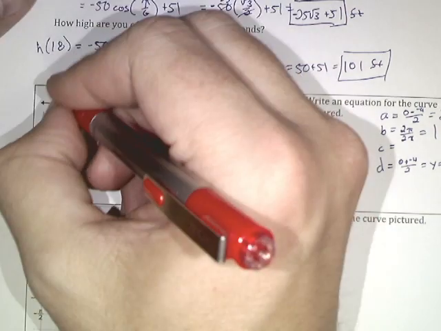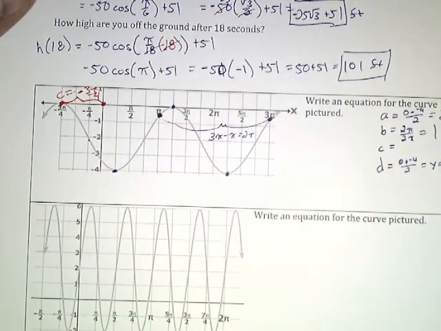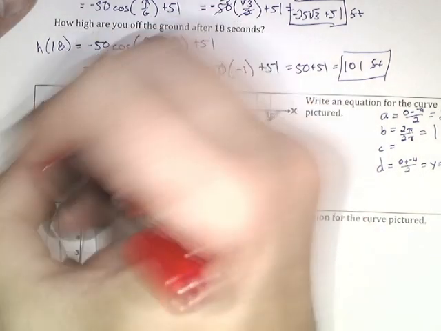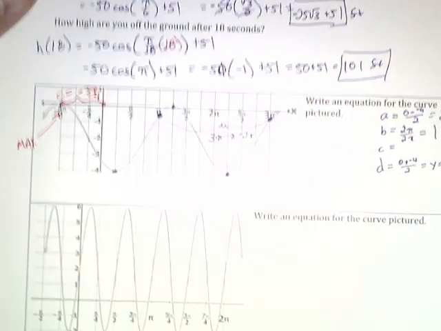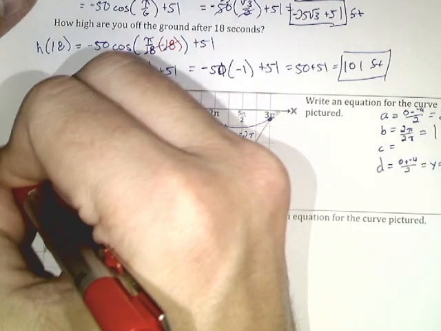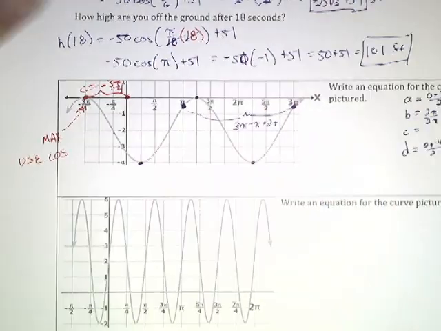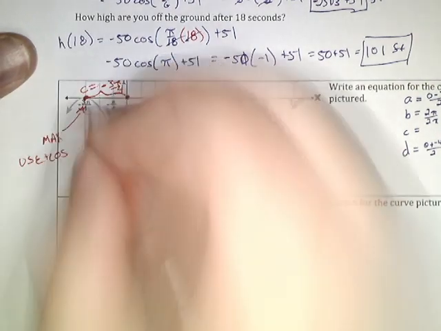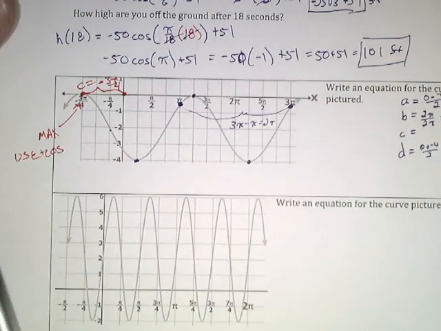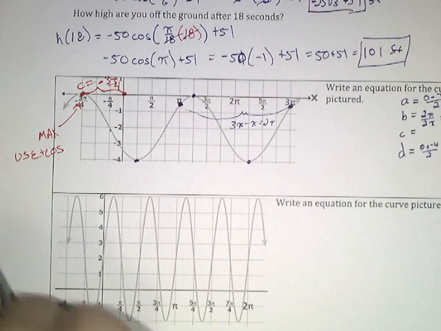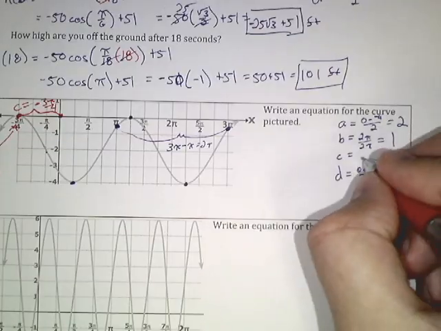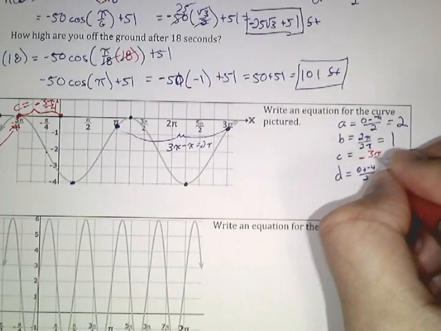So I'm going to use a C that equals -3 pi over 4. And because this is a max, I'm going to use cosine. Positive cosine because it's a max. So my C will be equal to -3 pi over 4.